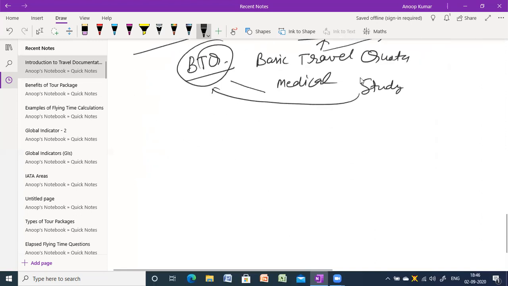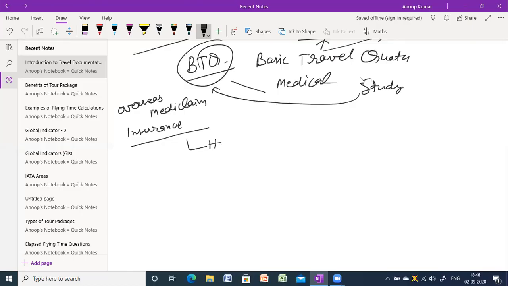Then we will study a brief about insurance. Insurance is basically an overseas mediclaim insurance. How the insurance can be obtained.